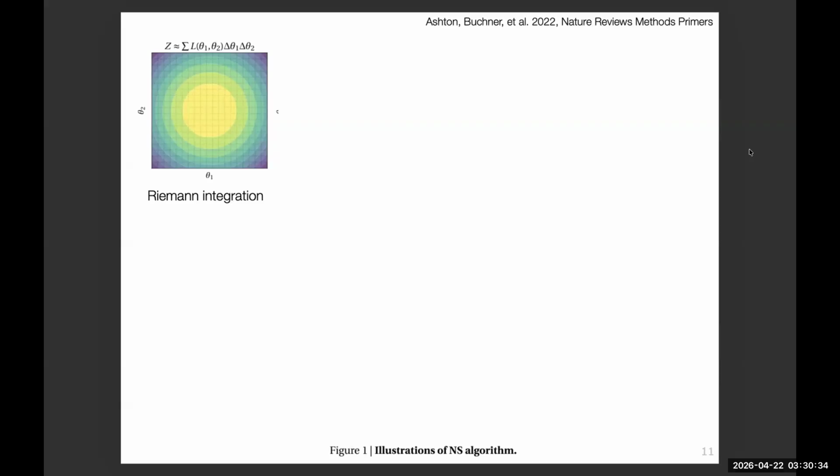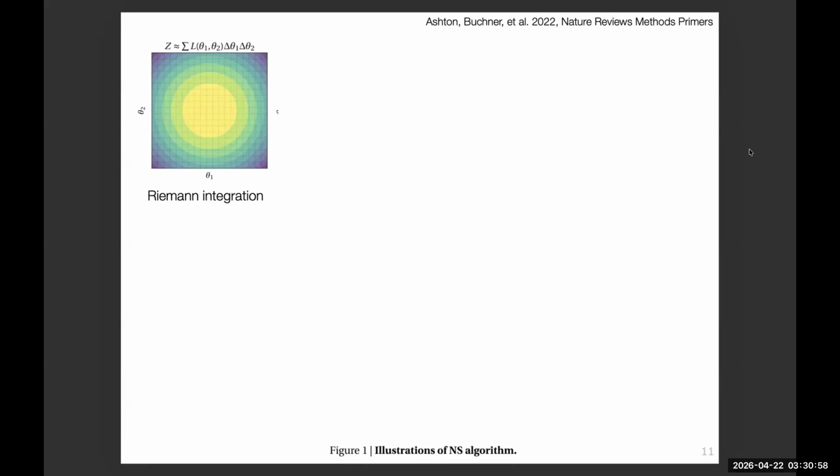Just as a contrast, here is how you could divide up a parameter space into a grid, like I was saying before. And the integral on the top there is then the sum of the values at each grid point times the size of each grid cell, right? This would be a Riemannian integration.